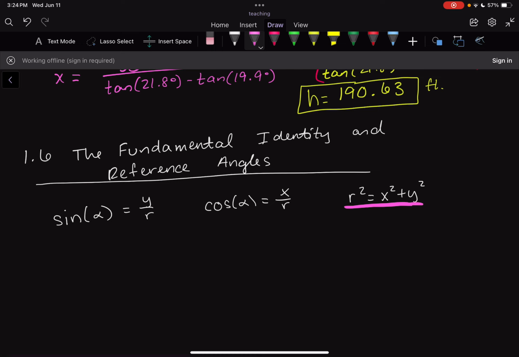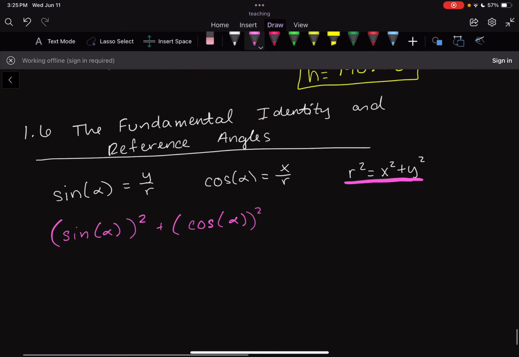So let's say that we write sine of an angle squared plus cosine of an angle squared. And I want to know what this equals, because I want to know, is it going to be r squared, just like with the normal Pythagorean theorem? What are we going to see?